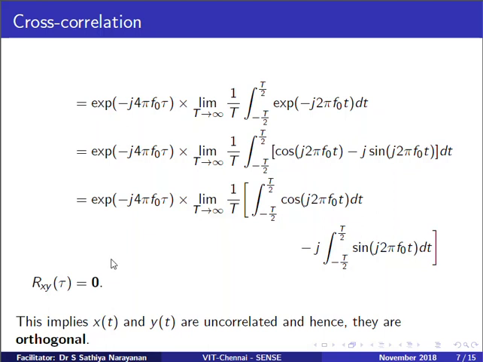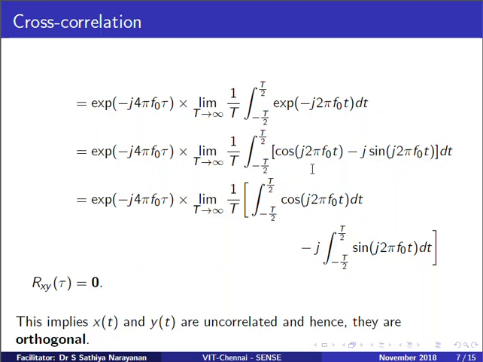When you evaluate the integral of cos 2 pi f naught t dt, it means you are trying to find the total area under a cosine curve. When the limit is between minus t by 2 to t by 2, the total area will be 0, because there will be equal positive and negative regions. They will cancel out and result in 0.